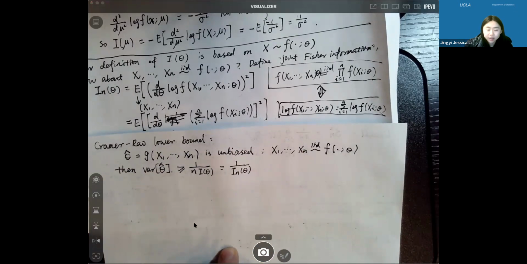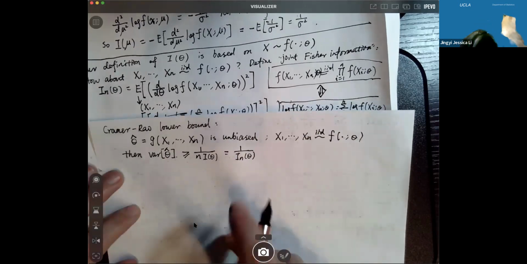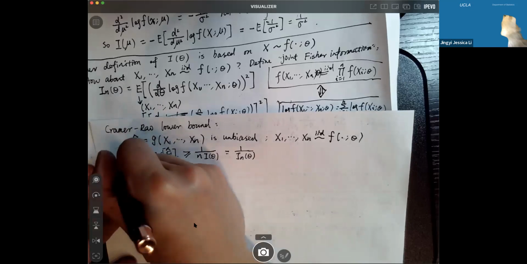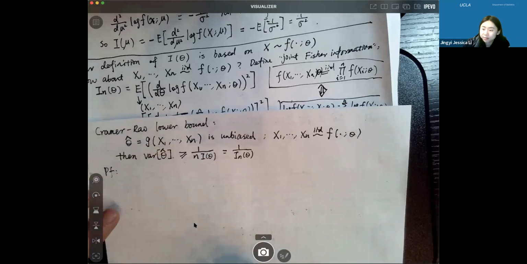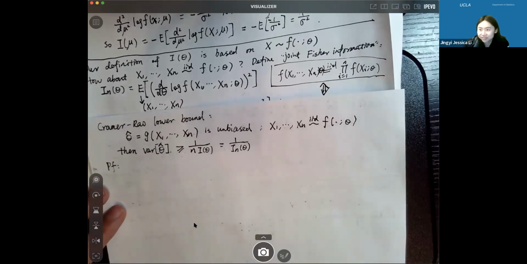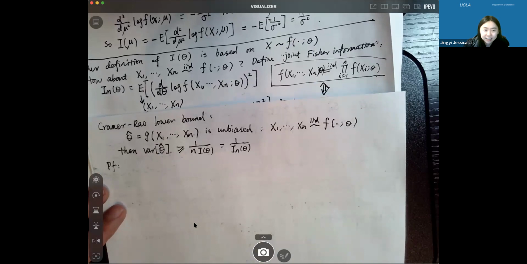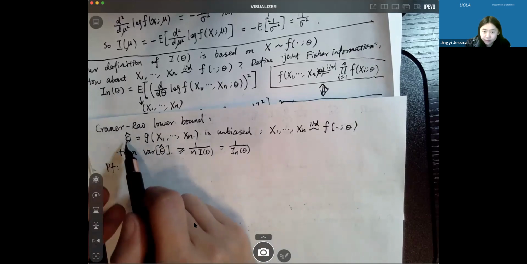And how can we prove it? I think the proof is very important, and actually very interesting. The proof will use a very important property that I hope everybody knows or should know after this. Let's say theta hat is a random variable.